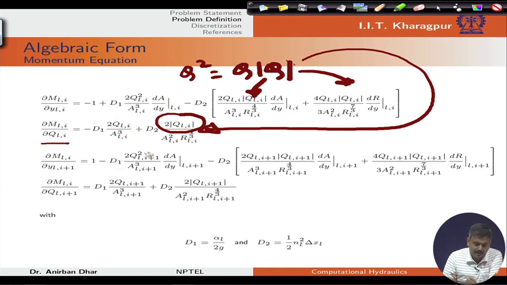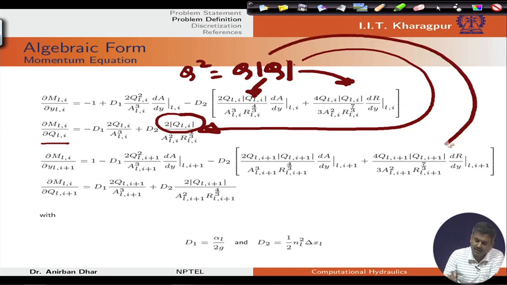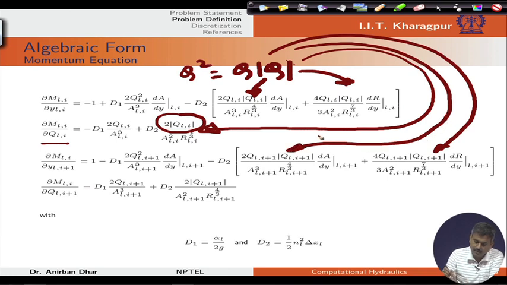In Y L I plus 1 also, the first term we are not changing, but for the second term we are changing it. So in this case we will get another Q L I plus 1, and obviously this term will change to the mod value of Q.